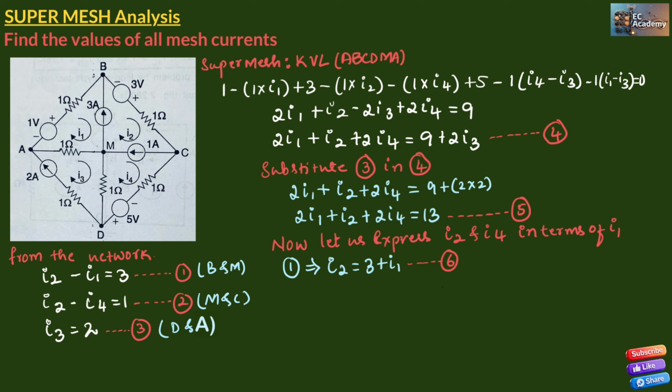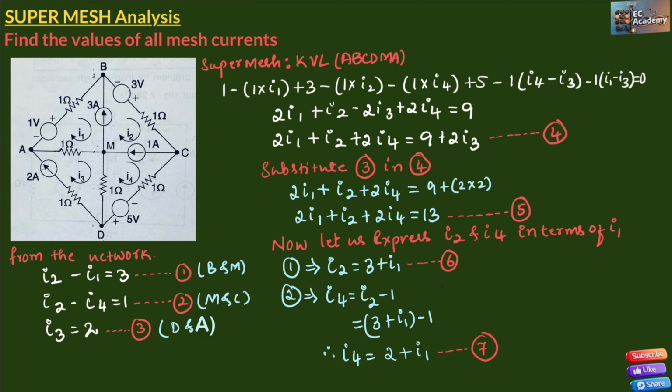And from equation number 2, we can write I4 will be equal to I2 minus 1. So this will be equal to 3 plus I1 minus 1. So I4 will be equal to 2 plus I1. Let us call this as equation number 7.